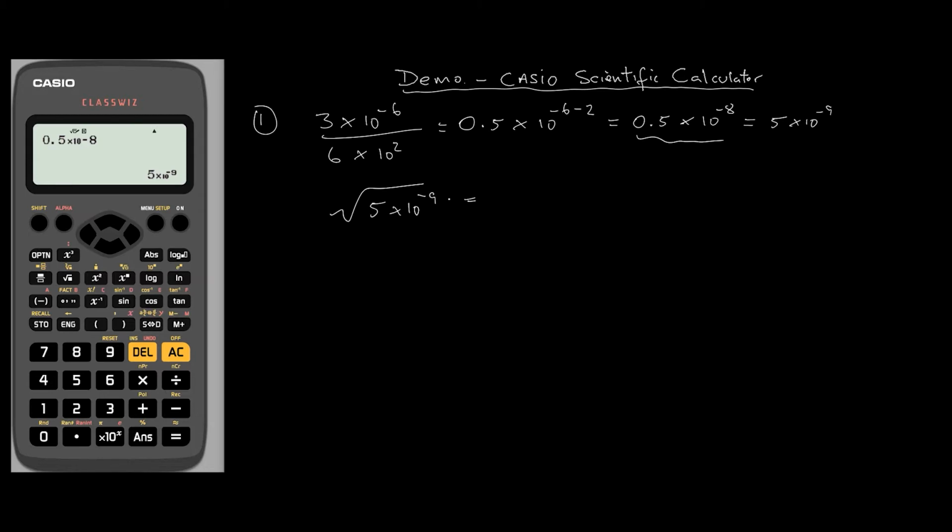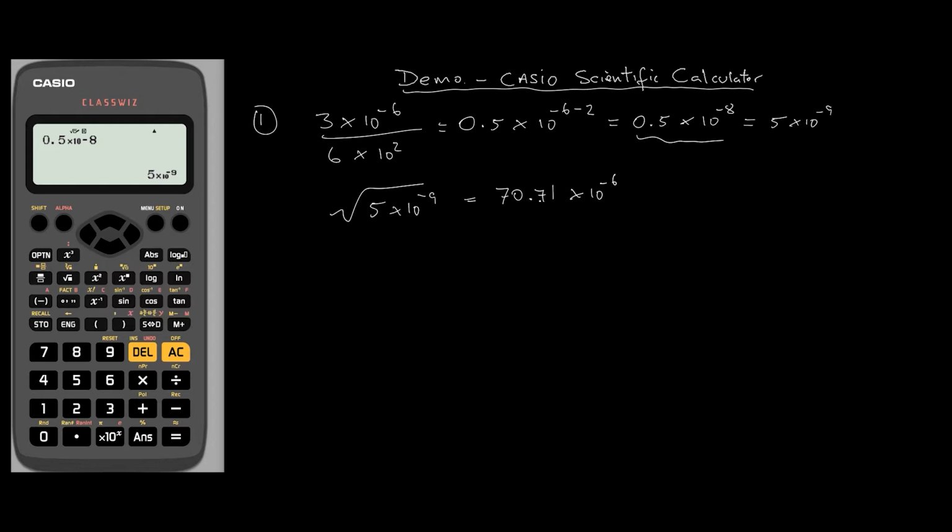We should find out that that is going to give us 70.71 times 10 to the minus 6.